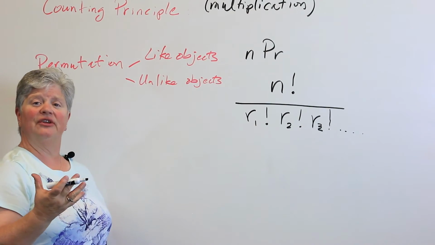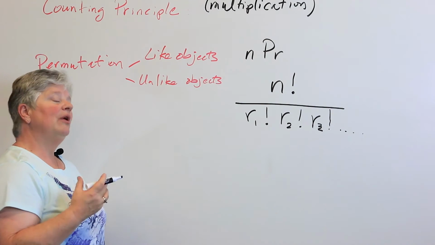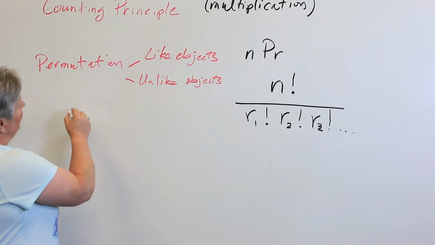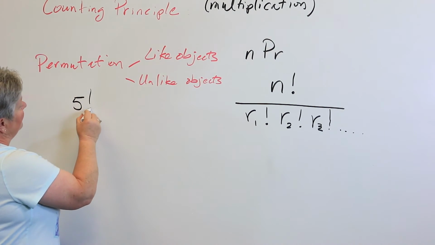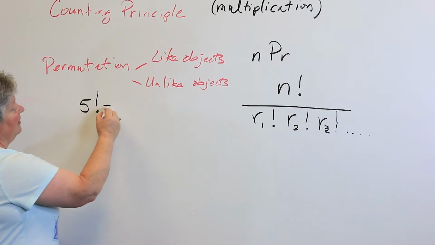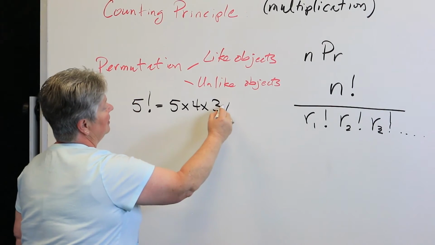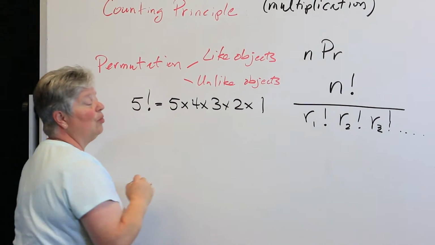Factorial is kind of an interesting notation. And what factorial means is if I have something that's written as 5 factorial, it is the same as 5 times 4 times 3 times 2 times 1.